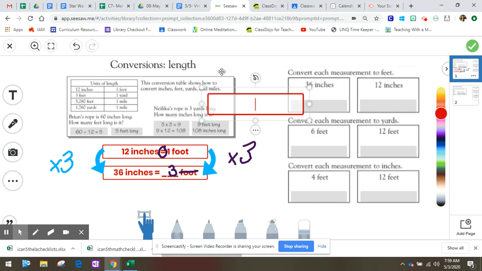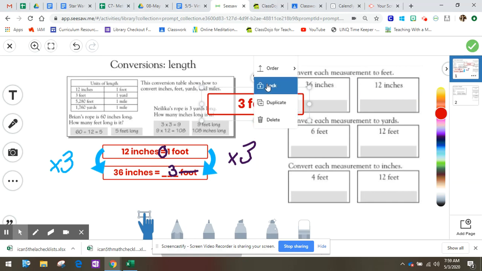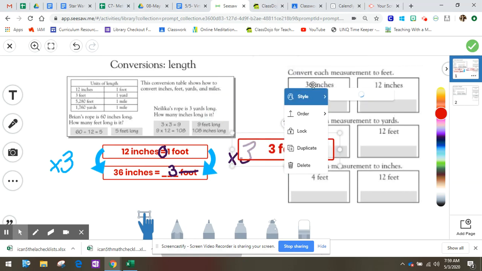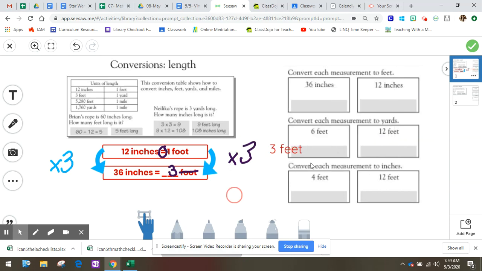So I'm going to write that in, 3 feet. So really that's what I would do. Oh, the style's at the top. I like to take the outside away, make it a little bit smaller. And so I'm going to change all of these into feet.